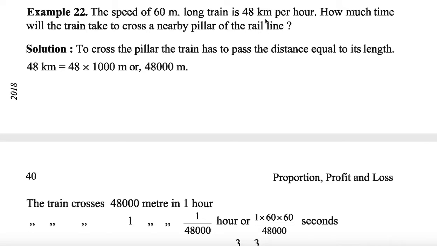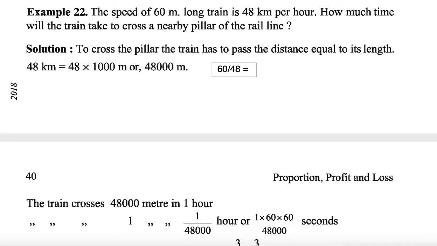This is the speed. Time is nothing but distance upon the speed. So 60 upon 48 is the time in hours. 60 upon 48 is what?